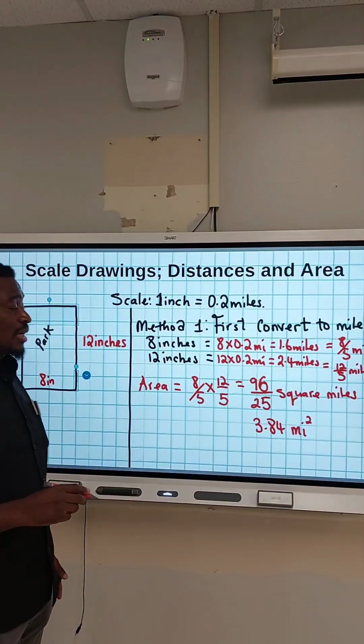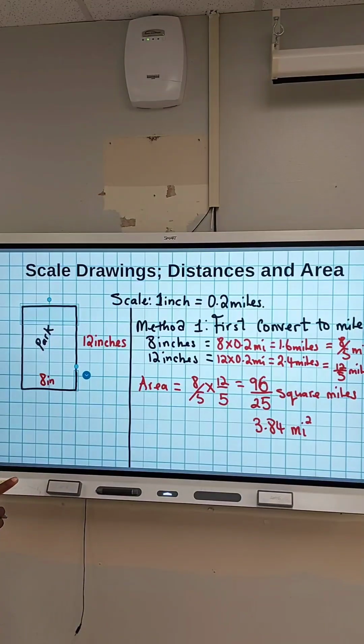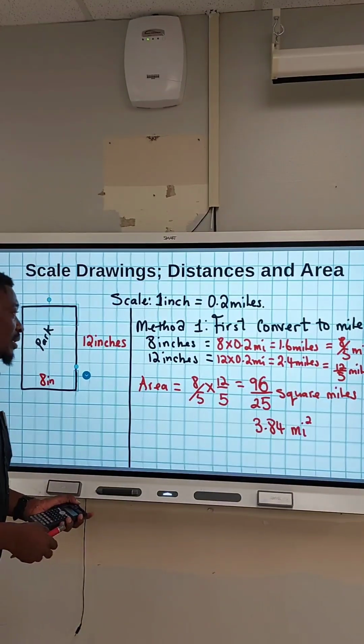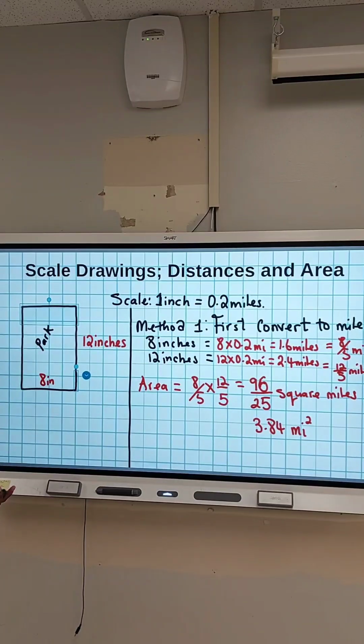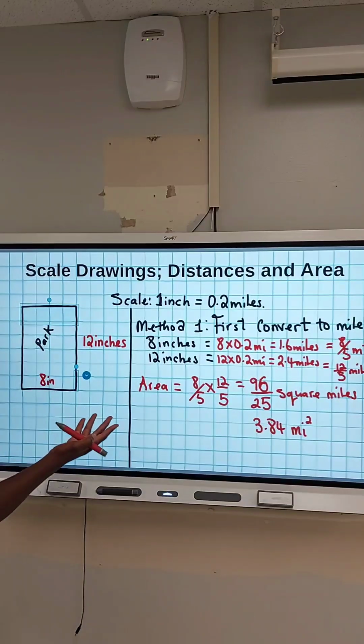Okay, so that is how you can calculate the area on the ground given the area on the scale drawing. Remember, on the scale drawing, the area will be 96 square inches.